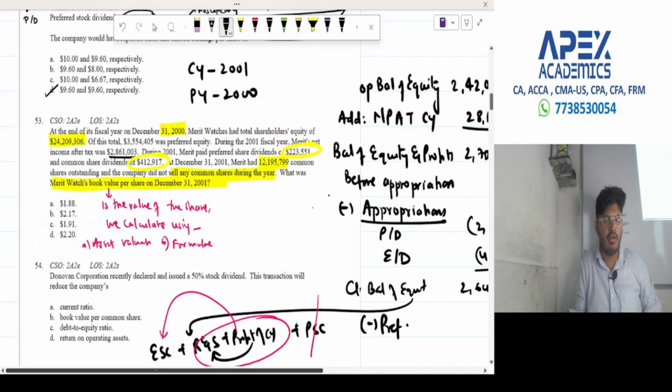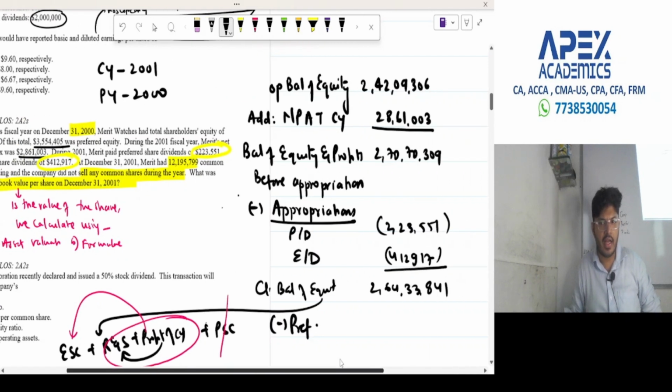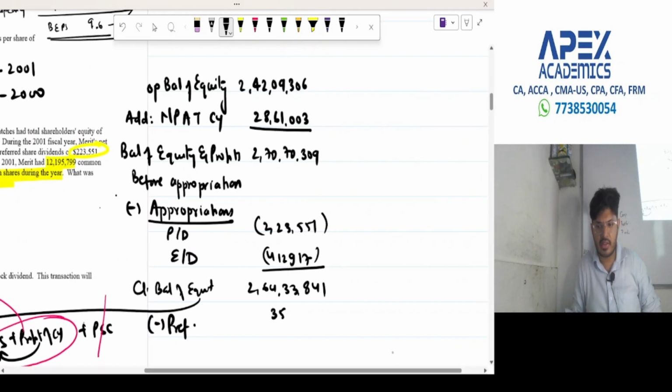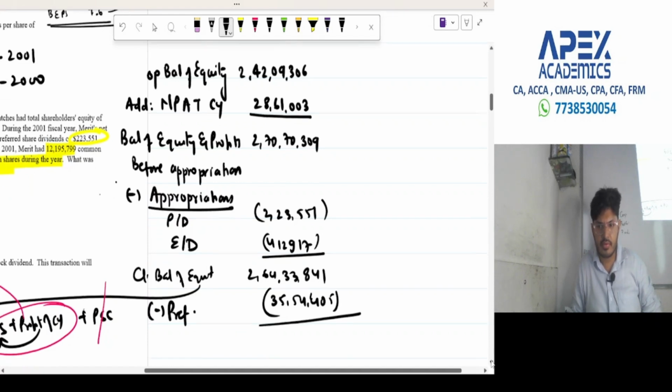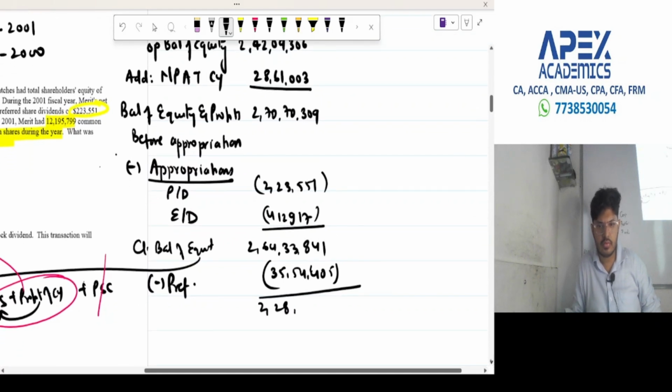So from this I will subtract preference, and I've been given the value of preference: 35,54,405. Please subtract 35,54,405. What am I left with? 2 crore 28 lakh 79,436. This is the value of equity as on 31st of December 2001.